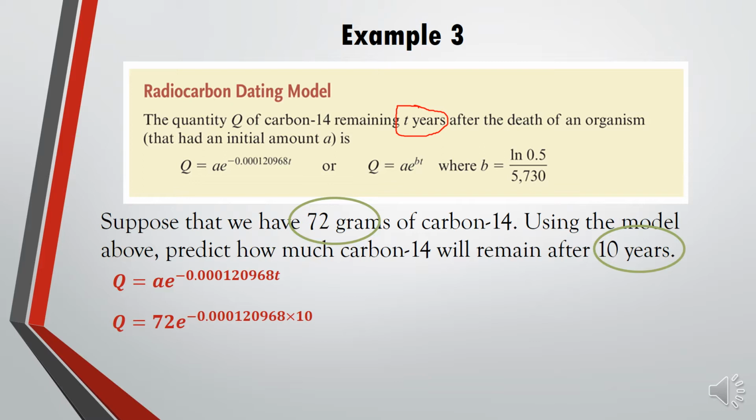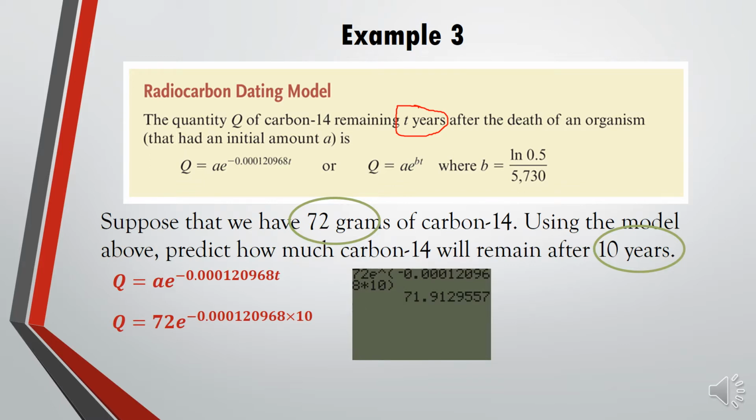So we have Q equals, Q is the amount remaining. So Q equals 72 times e raised to the negative 0.000120968 times 10. So let's plug that in our calculator. Let me start that over. So we have 72 times e, once again using that e button on your calculator, negative 0.000120968 times 10.